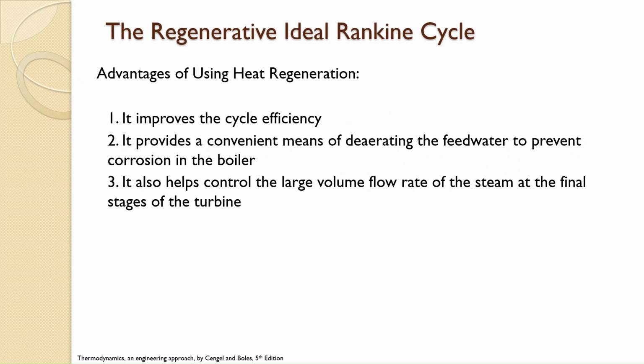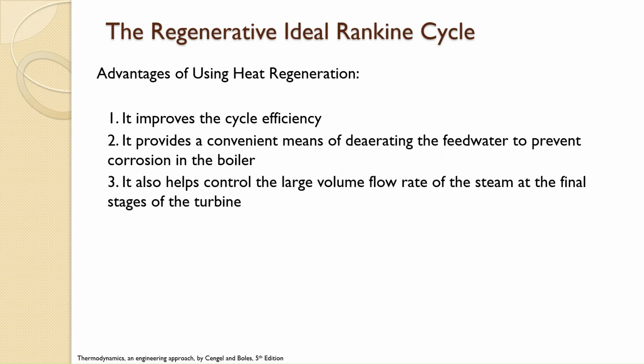We also have another advantage in regard to the aeration of the feedwater. The feedwater heater serves as a convenient means of deaerating the feedwater, preventing oxygen buildup that could lead to corrosion in the boiler. It also controls the steam flow.